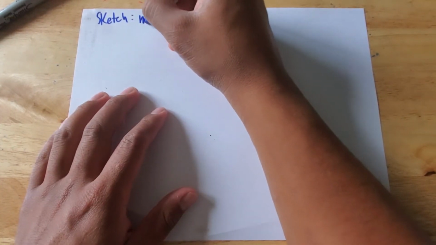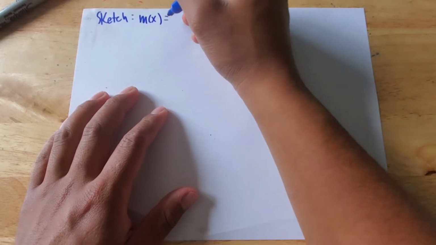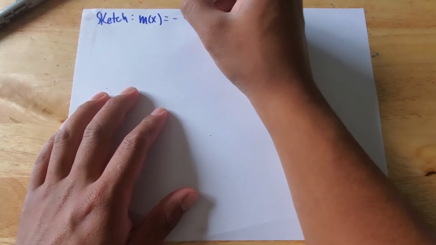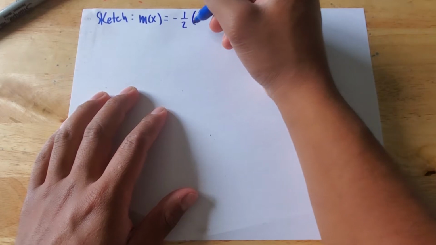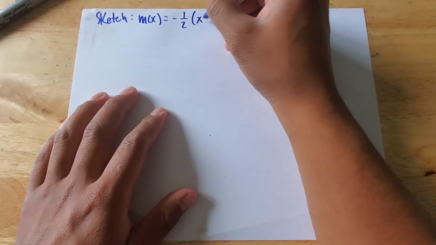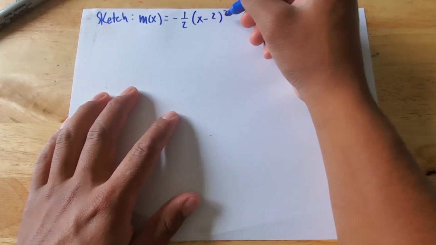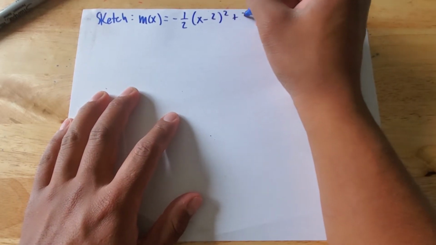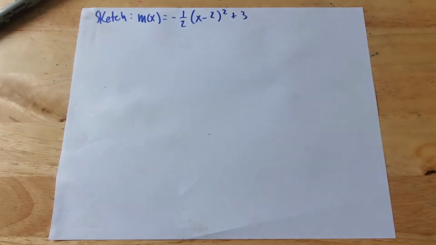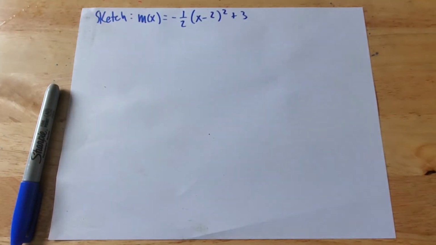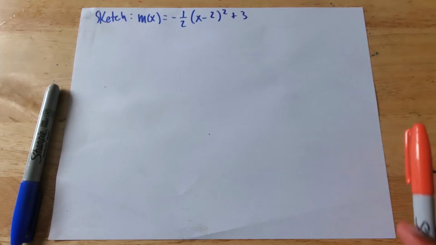So for example, we're going to sketch this function, m of x is equal to negative 1/2 times (x minus 2) squared plus 3. So like I said before, the first thing you have to be able to identify is, remember we went in order.